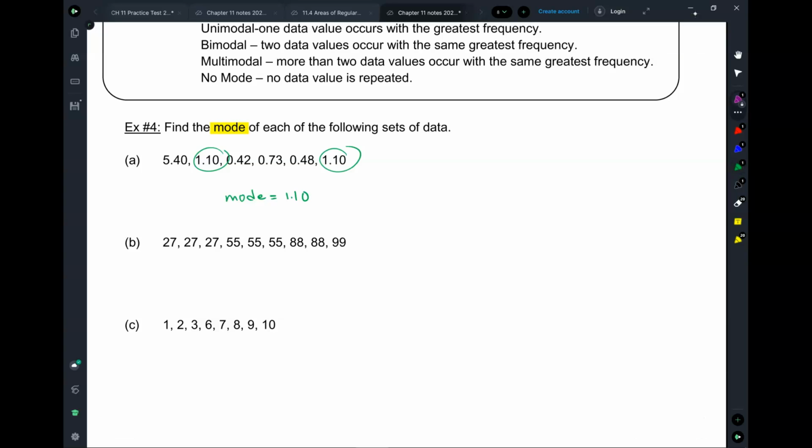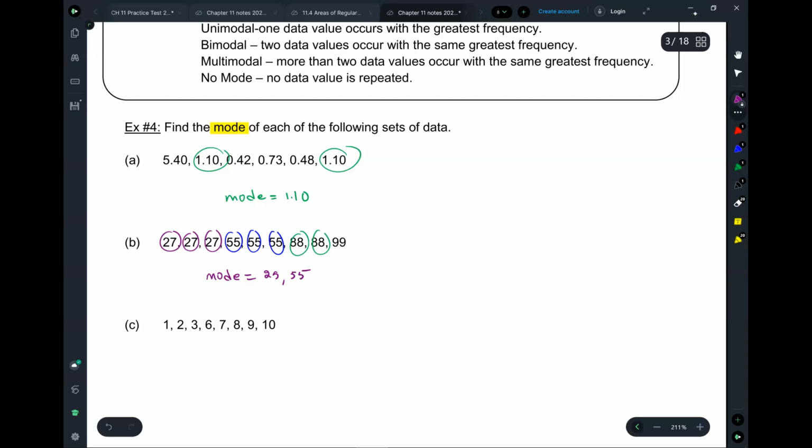Take a look at this one. There are 3 27s, 3 55s, and 2 88s. Because there are 3 of the other numbers, the 88s don't count, since it's the one that happens the most often. So the mode is 27 and 55.